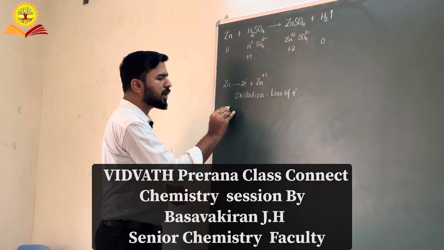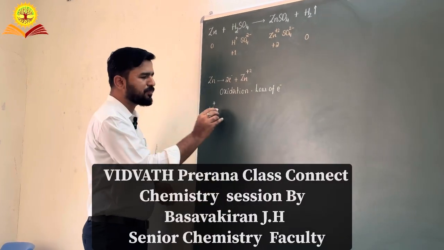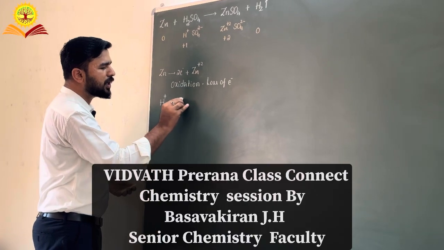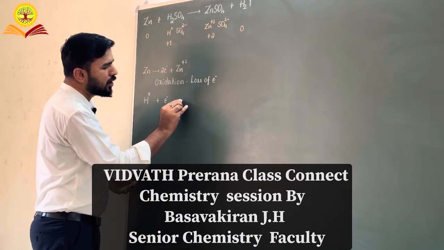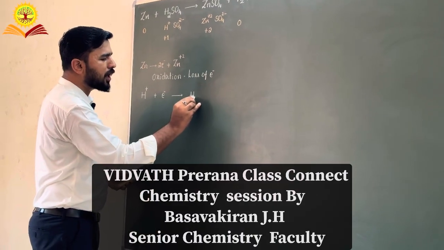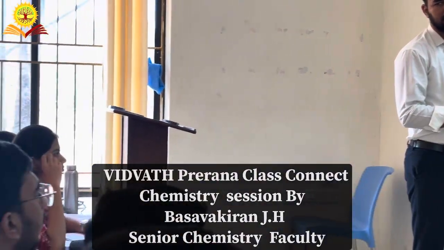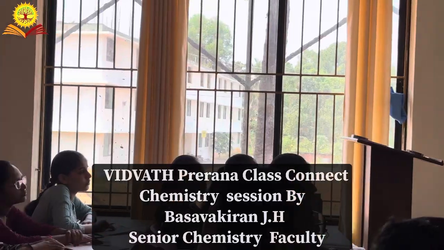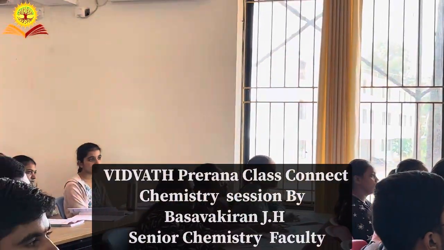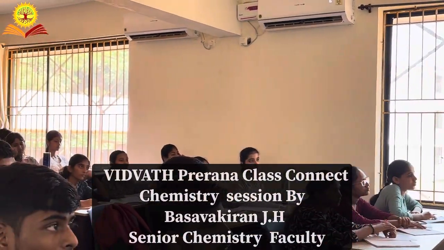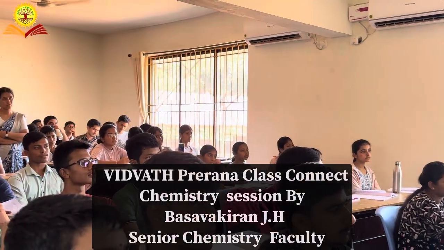Let me consider hydrogen. Before the reaction, hydrogen is in the form of H+. This H+ will accept how many electrons? 1 electron to form hydrogen gas. But here, is the reaction balanced or not balanced? Unbalanced. In order to balance the reaction, I can write 2H+ accepting how many electrons? 2 electrons, which forms which gas?